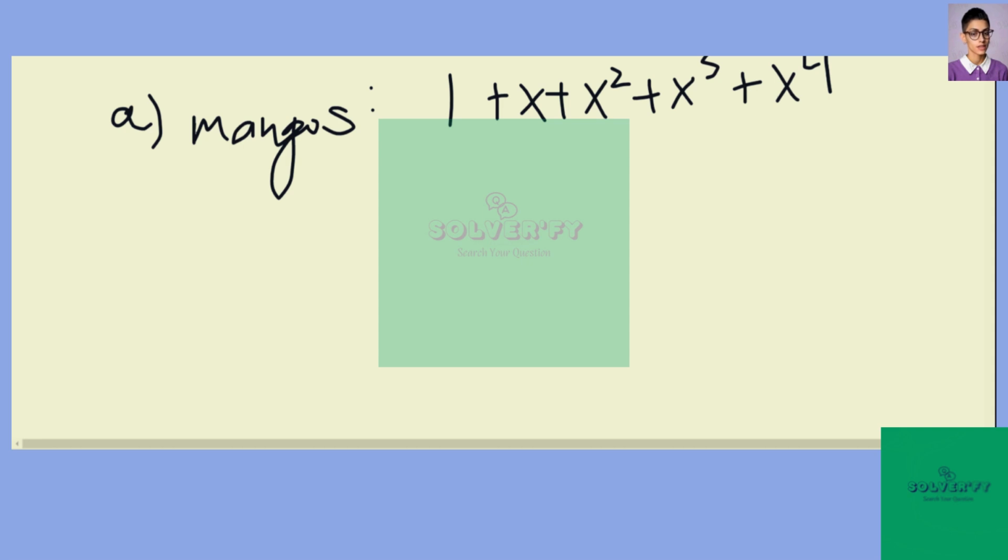And with passion fruit, we can have at most 2 passion fruit, so the generating function for passion fruit contains all powers of x up to 2, so 1 plus x plus x squared.